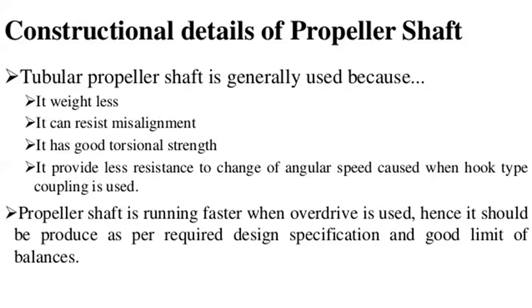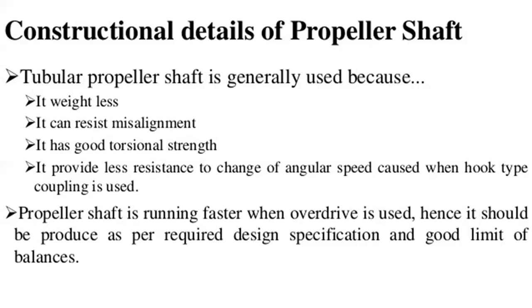Next one, it has good torsional strength. How much torque is developed on the engine? The torque should be transmitted through the differential by using this propeller shaft, and different torsional loads are also acting on this propeller shaft.